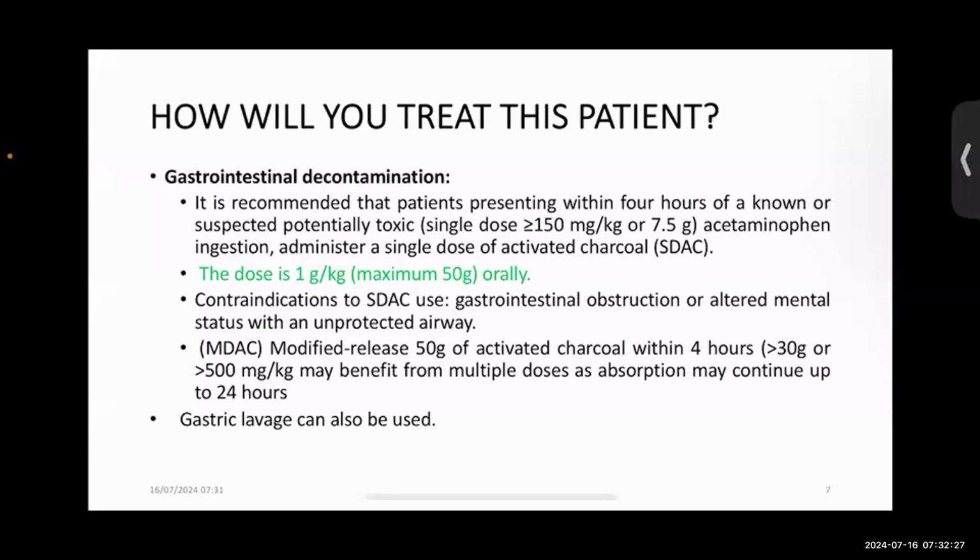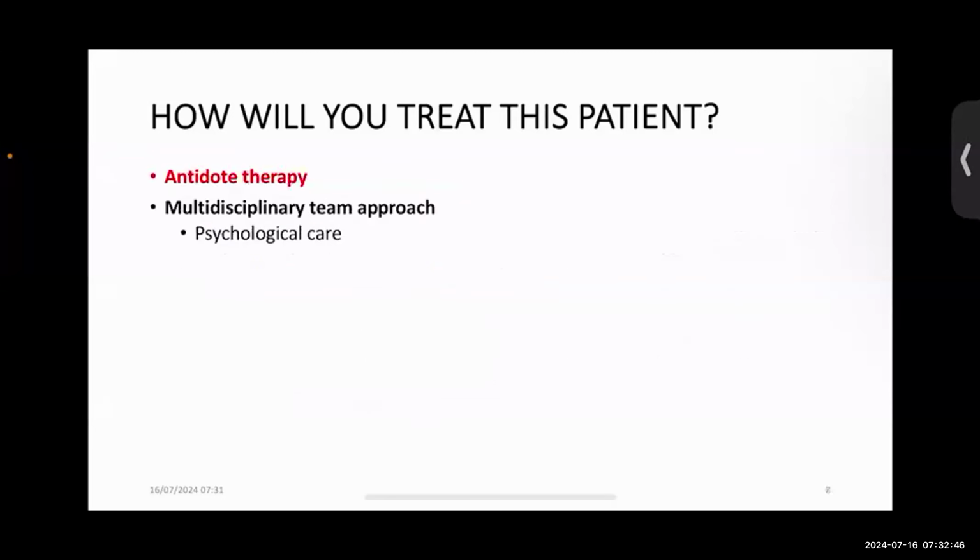An alternative could also be the use of gastric lavage to do gastrointestinal decontamination. Then, to be more practical, in cases where we can't find activated charcoal, we can use charred bread. If bread is charred, it can also serve the function of activated charcoal.